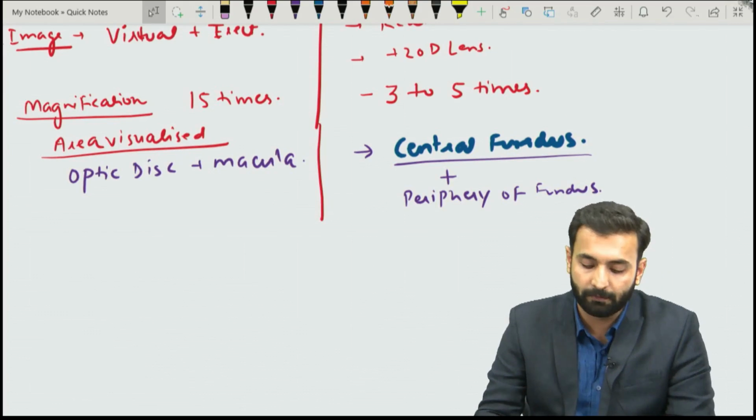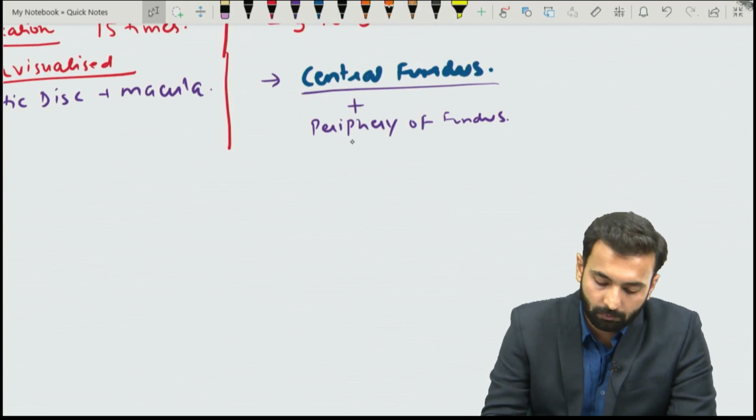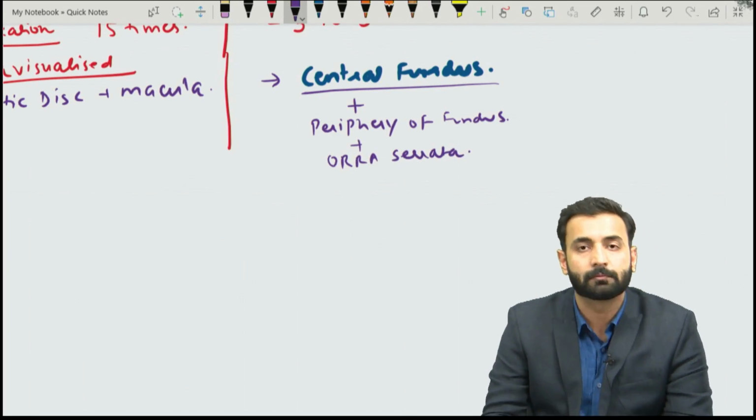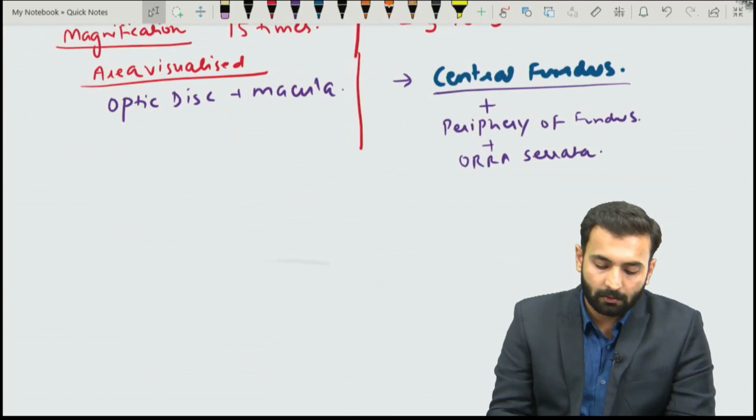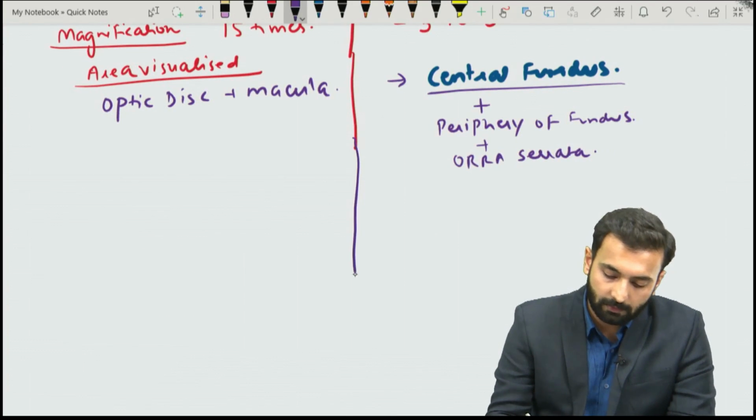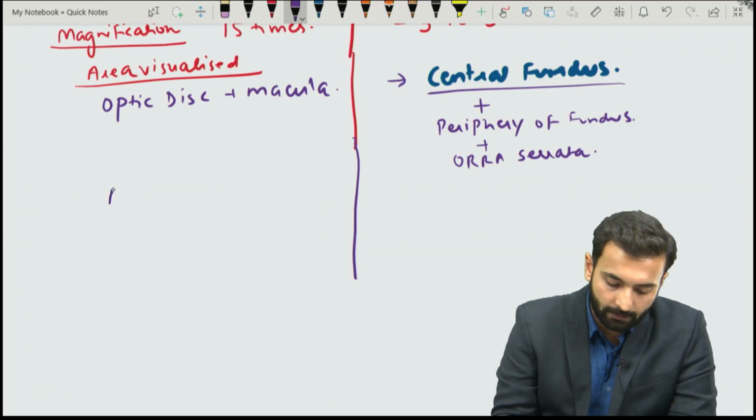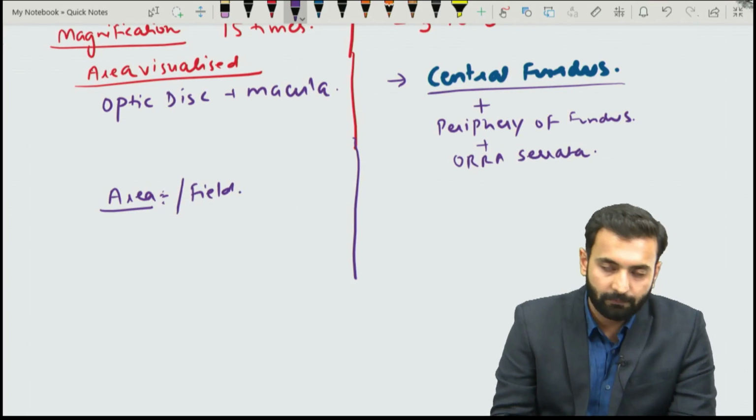The periphery of the retina can be visualized up to the ora serrata. You can also see the ora serrata, right? Now let's discuss the field of vision.